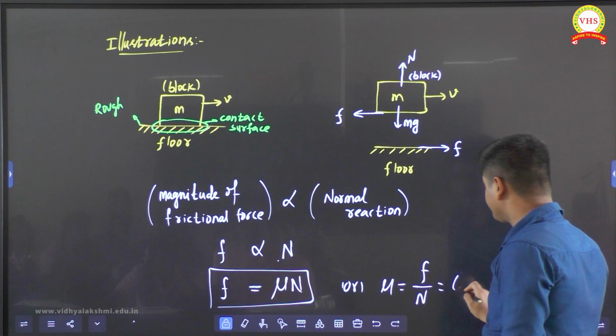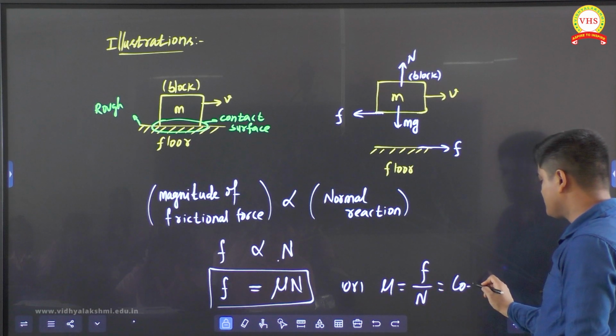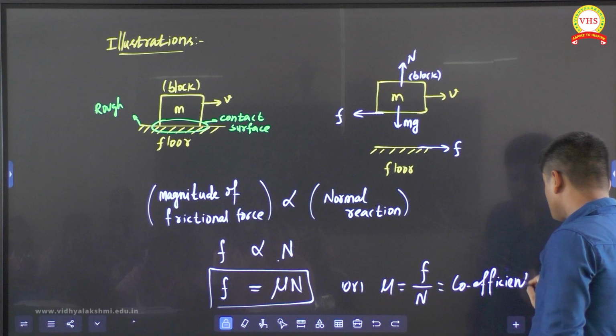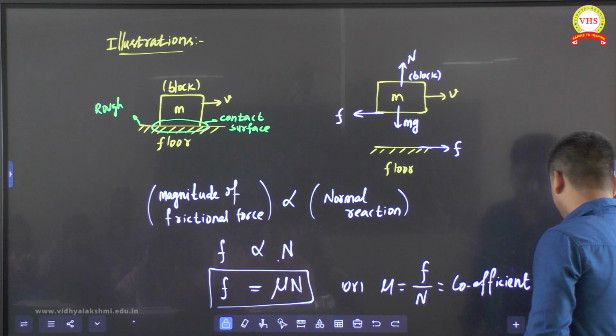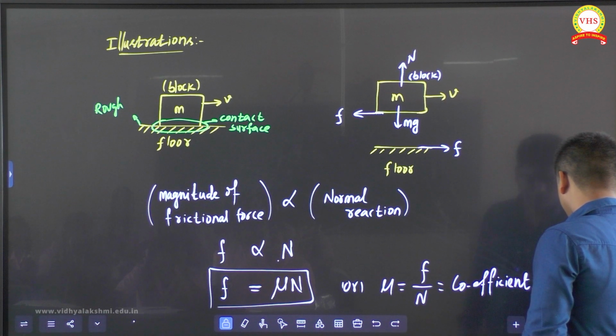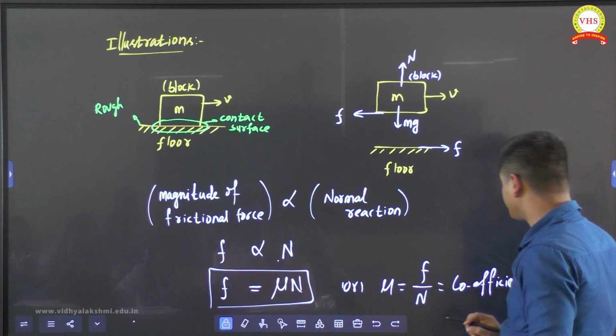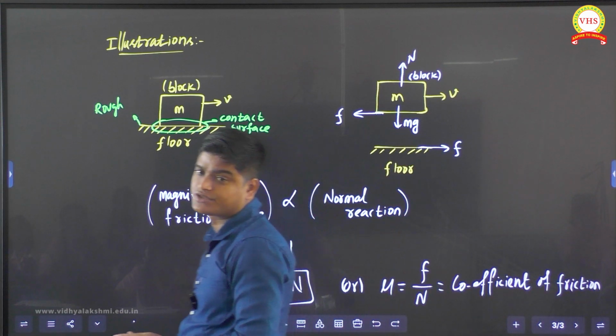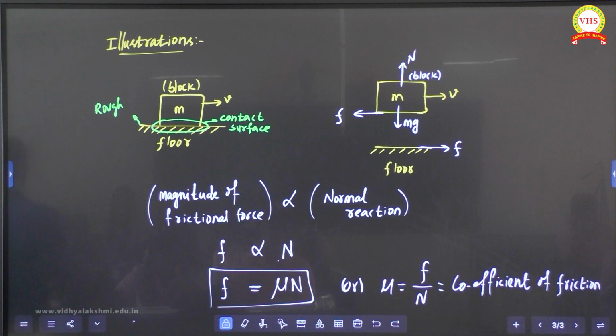Write this one as coefficient of friction. Mu is basically the coefficient of friction.